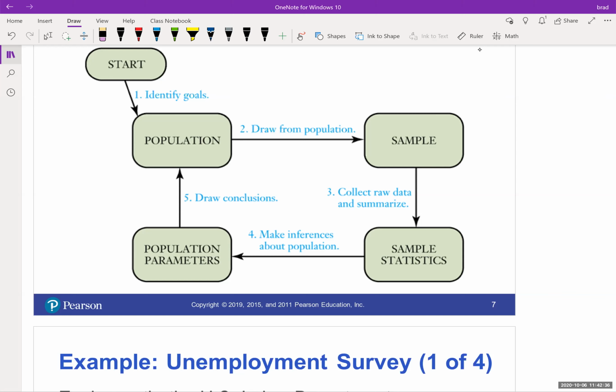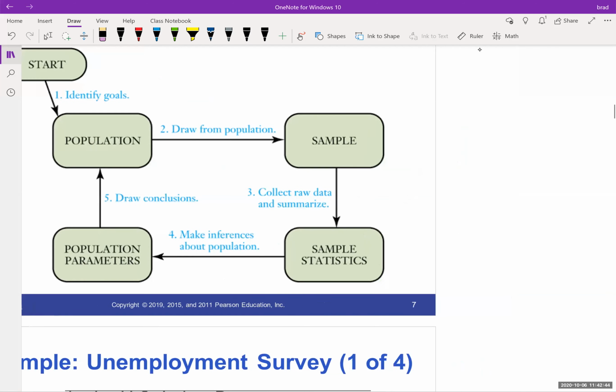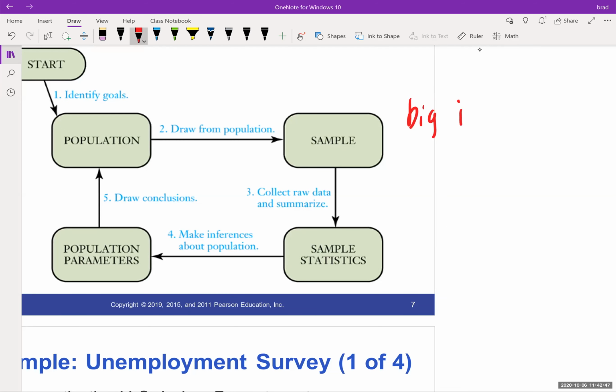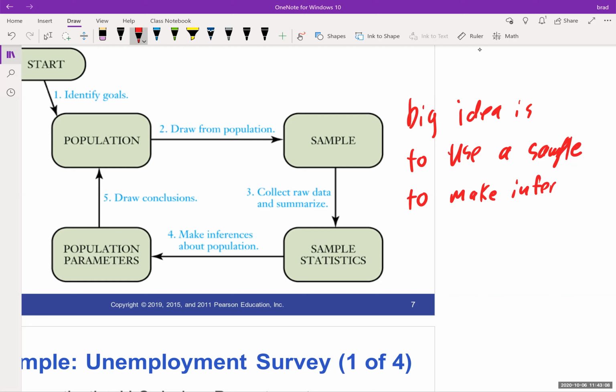So that's something in a statistics class, not in ours. We're just covering a little bit of the basics of statistics, okay? But again, the main big idea is to use a sample to make inferences about the population.